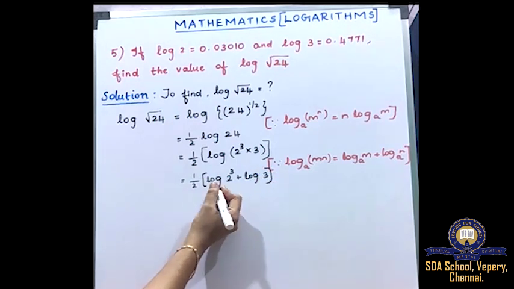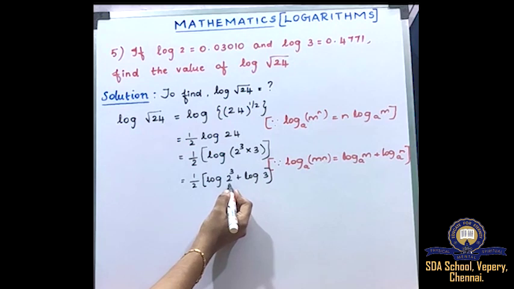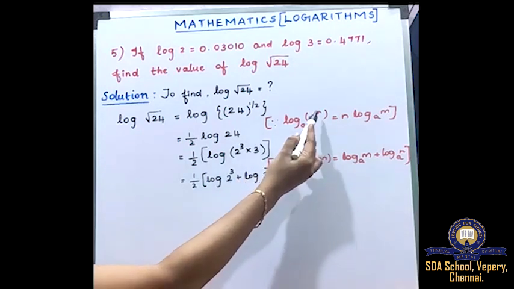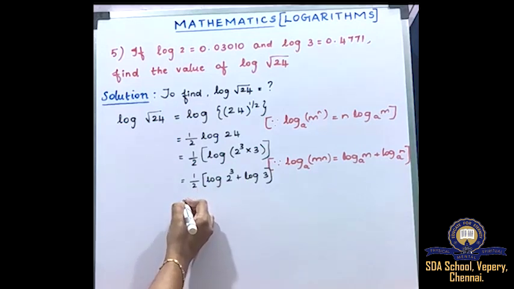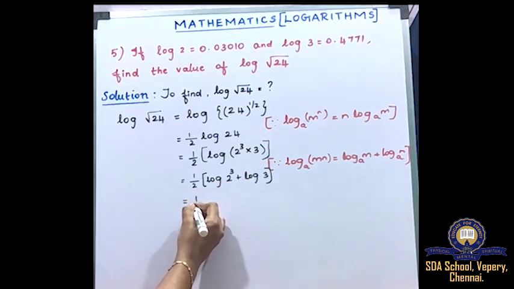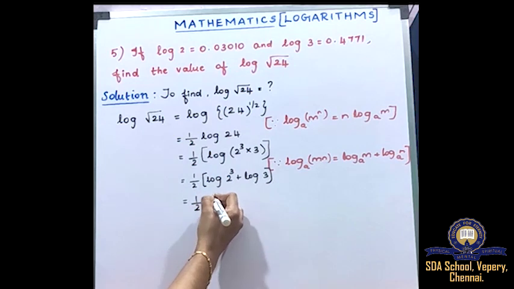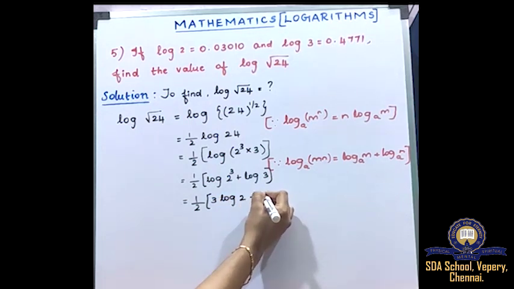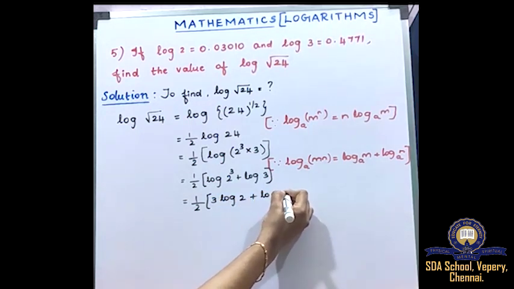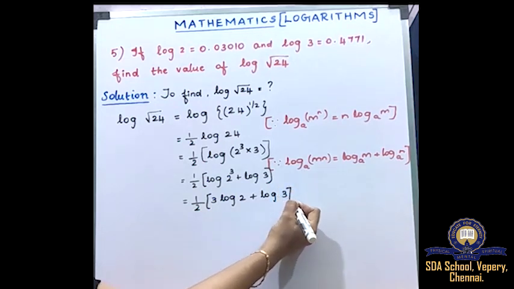Right. So now again, if you observe this, this is in the form of log m power n. So when you apply this law here, you will get 1 by 2 into n log m, 3 log 2 plus log 3, right, as such. Okay.